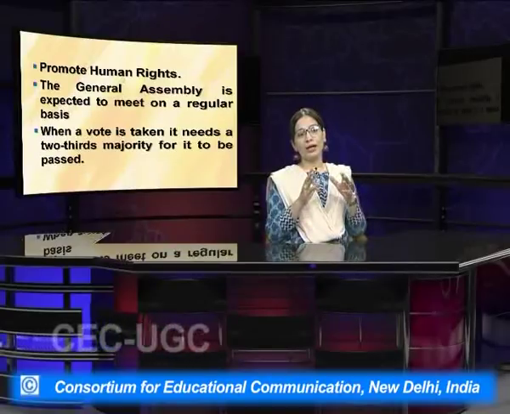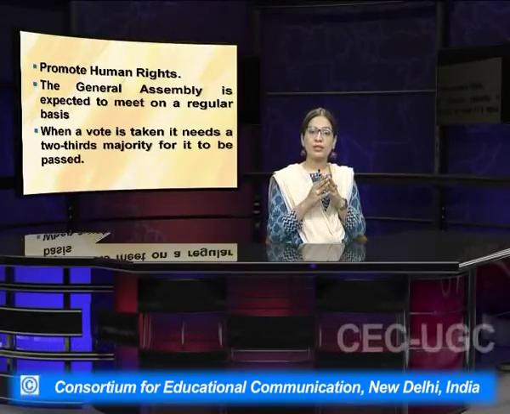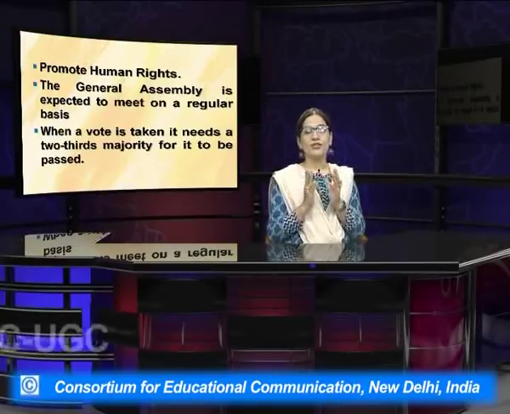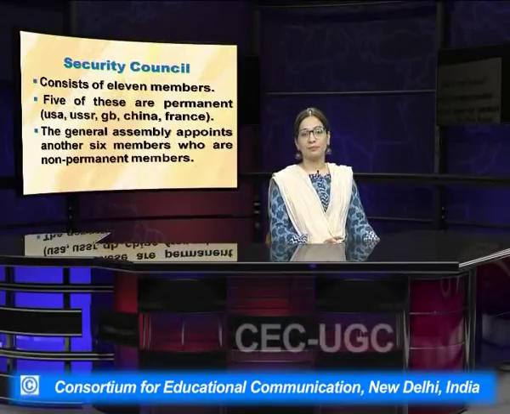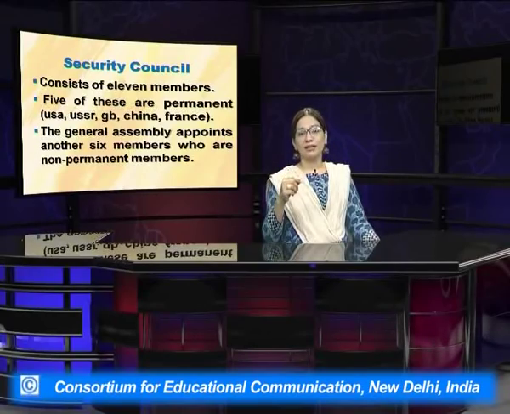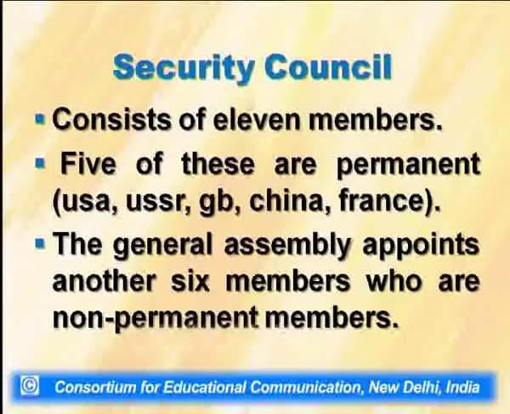Now let's have a look at the voting within the General Assembly. When a vote is taken, it needs a 2/3 majority to be passed. We now move on to the next organ of the United Nations, a very significant one, the Security Council.